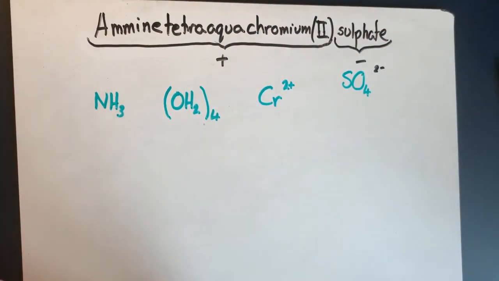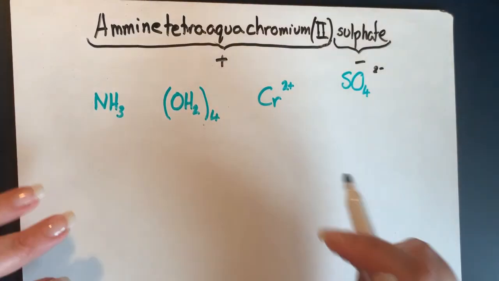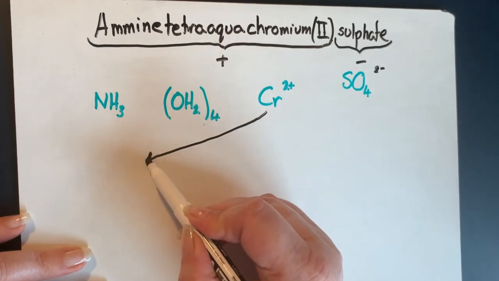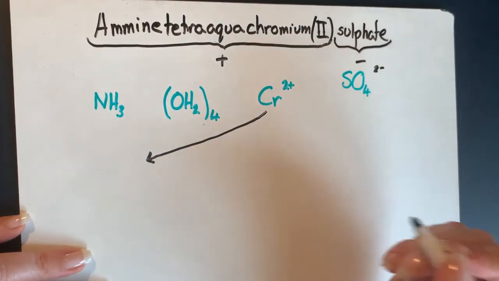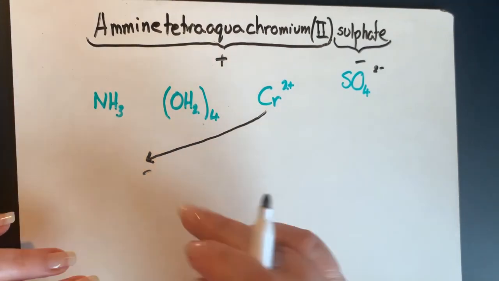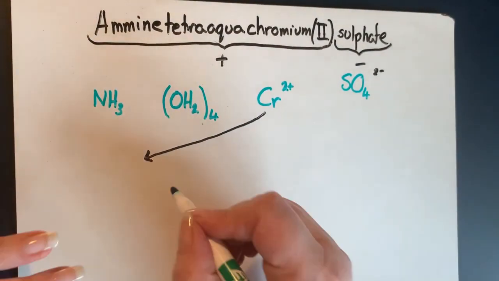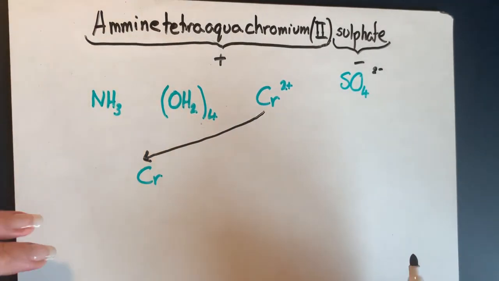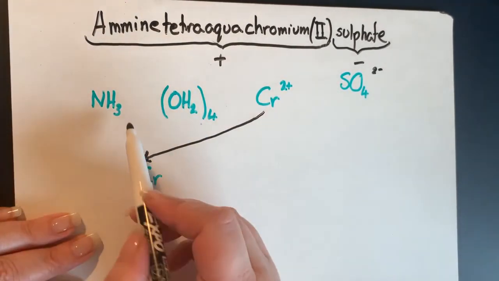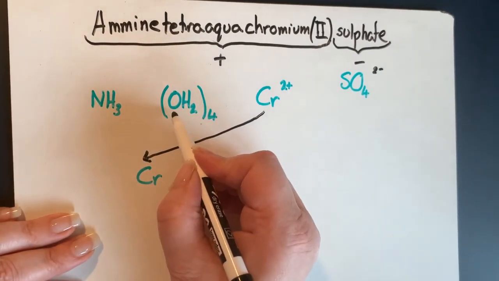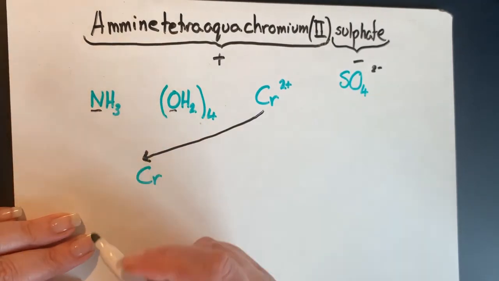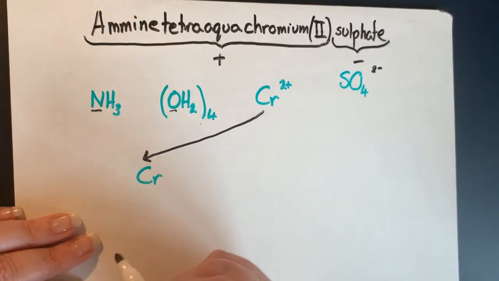So now what we need to do is get these all in the correct order. The first thing that goes in the square brackets for the ligand would be the chromium. And then our ligands are going to go in, but they need to go into the formula alphabetically based on the nitrogen and the oxygen.